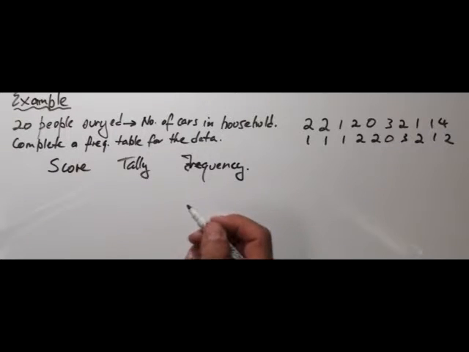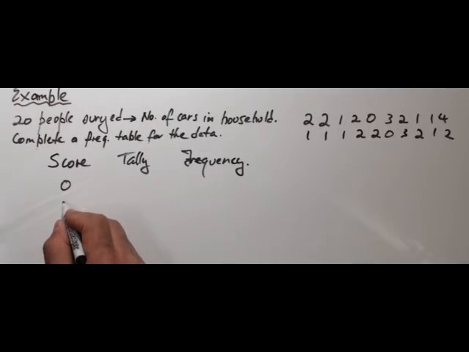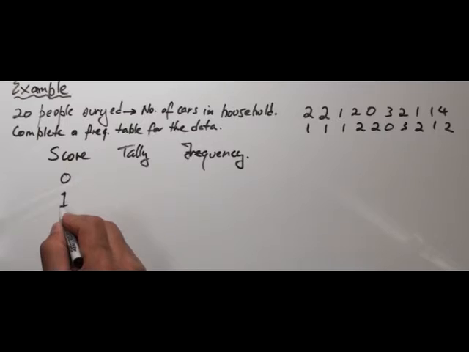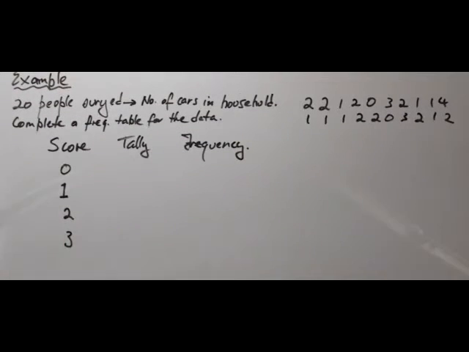So we are going to be counting how many households have 0 cars, how many households have 1 car, 2 cars, up to 3 cars, and also how many households have 4 cars.